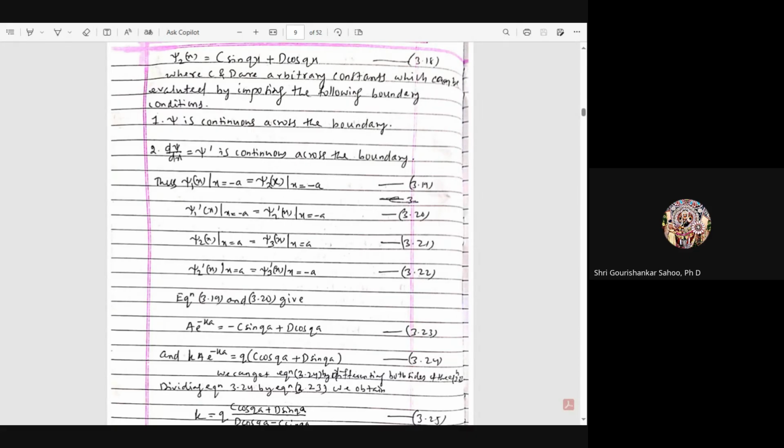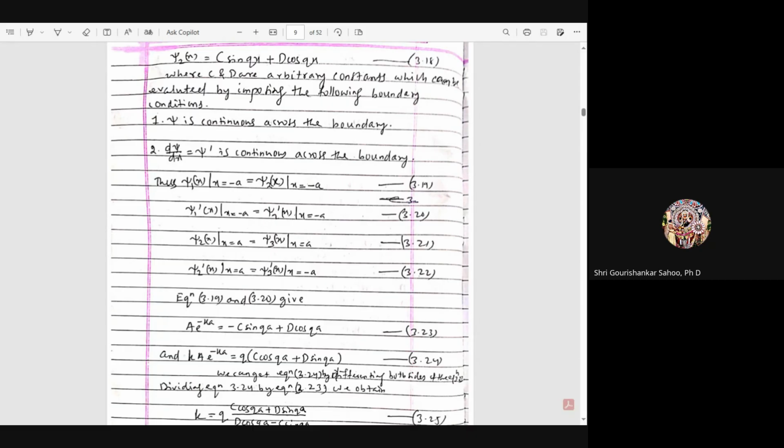Similarly, psi 2 is also continuous and its first derivative will be continuous, so you can write psi 2 at x is equal to a is equal to psi 3 at x is equal to a, and similarly psi 2 dash at x is equal to a is equal to psi 3 dash at x is equal to a.